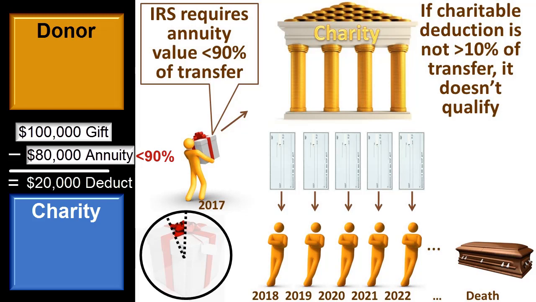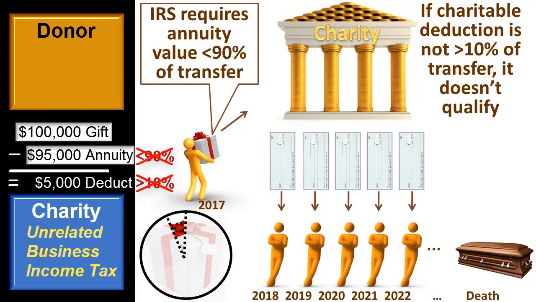A quick way to see that this requirement has been satisfied is to make sure that the charitable deduction is greater than 10% of the amount given to the charity by the donor. If this rule is violated, the charity will be treated as if it is engaging in an unrelated, that is, non-charitable, business and will be taxed accordingly. Consequently, charities do not normally offer gift annuities that violate this rule.